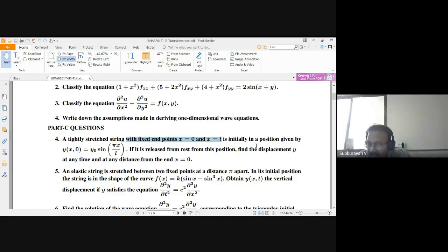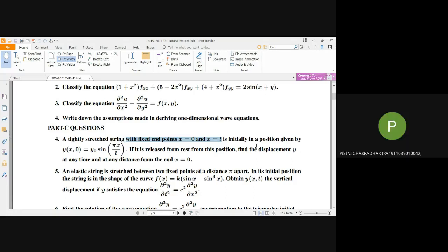Because of that, we should not assume that B equal to 0. Therefore, sin lambda L equal to 0, which implies lambda L equal to n pi. Hence lambda equal to n pi by L.